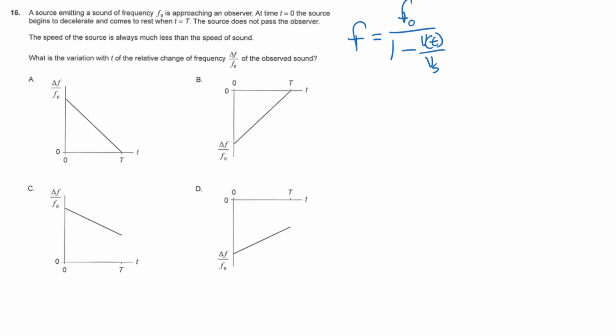So what does this mean about our relative change of frequency? Well, delta f, the change in f, is going to equal f minus f naught, and then that's, of course, all divided by f naught.